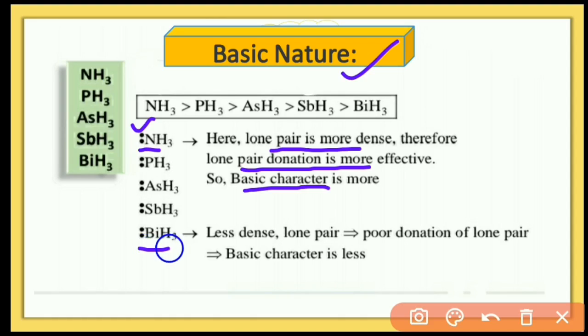In bismuth hydride, the lone pair is less dense due to larger atomic size, so donation of the lone pair to others is poor, and its basic character is less. So basic character decreases when we move down the group for hydrides.